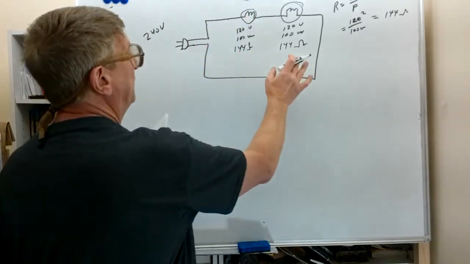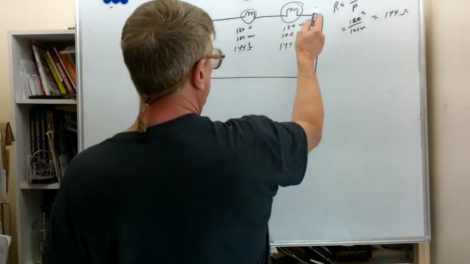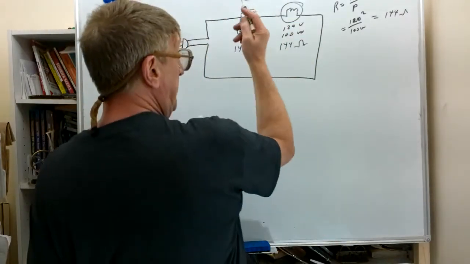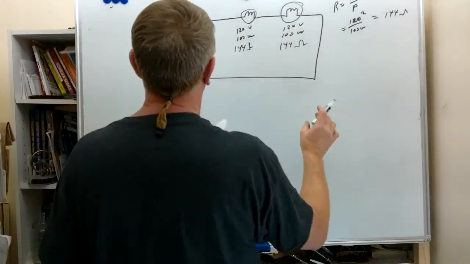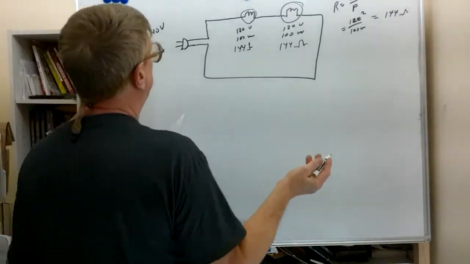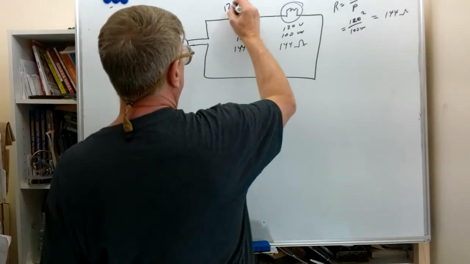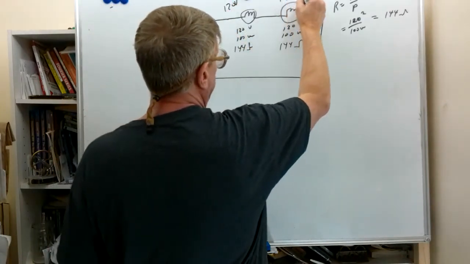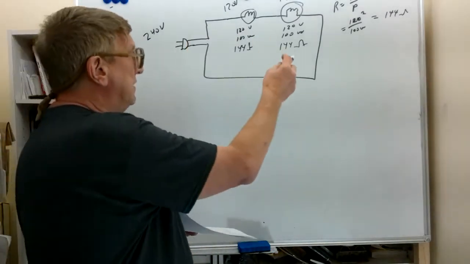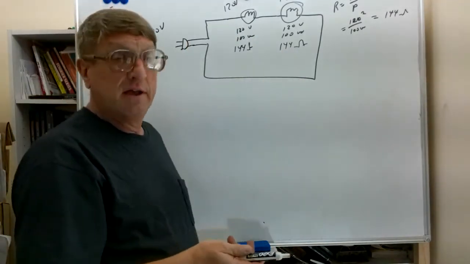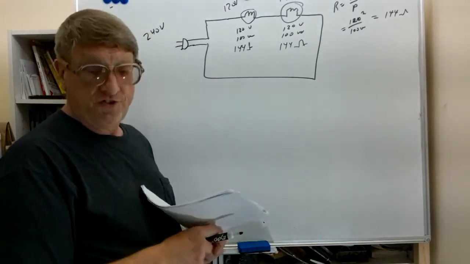And being they're equal resistances, and current is equal in a loop everywhere, they're going to end up with equal voltages. And we know that the voltage drops around a loop have to add up to the voltage supply. Well, how can we get 2 equal voltages that add up to 240? You've got to get 120 volts on each. So what we've shown here is that 2 identical light bulbs in series could be operated on twice the voltage supply normally used for a single one of those light bulbs.